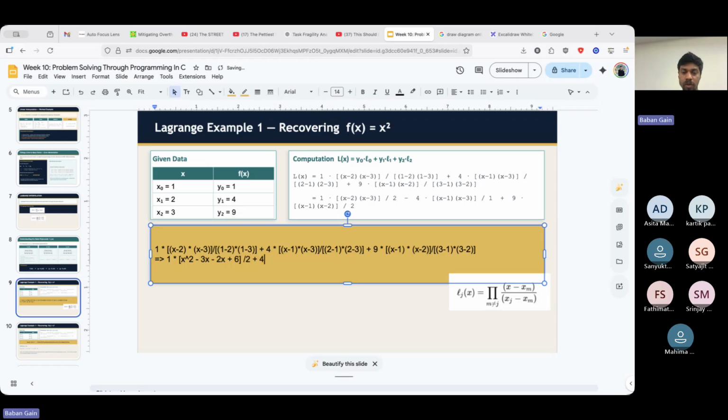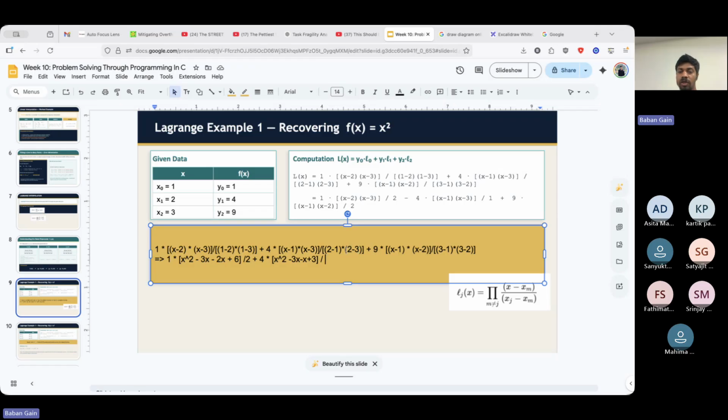Plus 4 into, again here, x square minus 3x minus x plus 3, divided by 2 minus 1 is 1 and 2 minus 3 is minus 1.